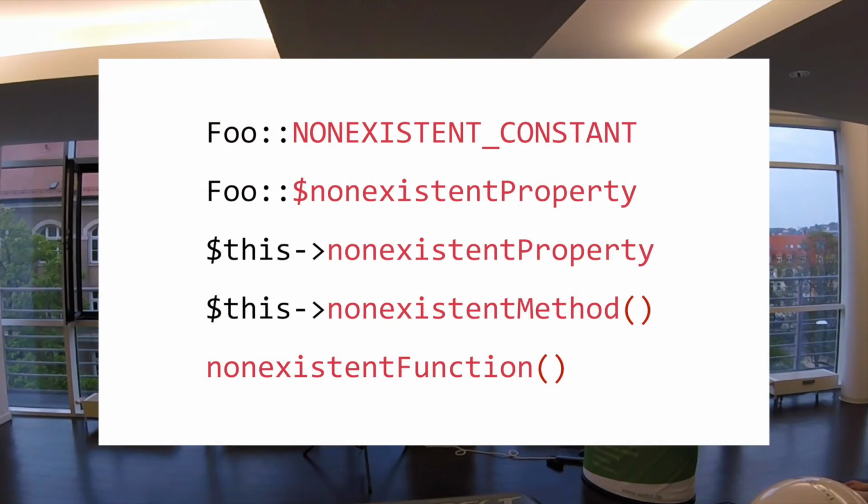On level 0, another thing I do is report accessing undefined constants, undefined properties, and undefined methods, but only those which are called statically and which are called on $this, because only in those cases I can be sure about what the type is. Statically it's quite obvious what the type is, and on $this I also know the type.